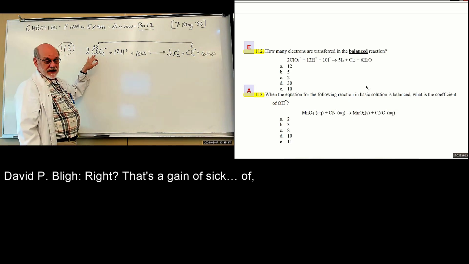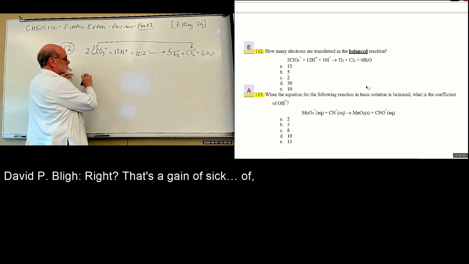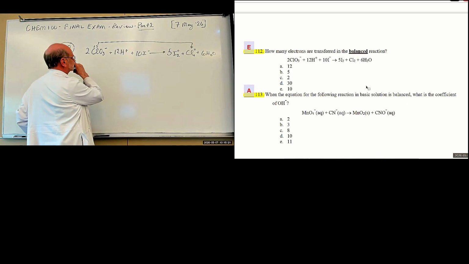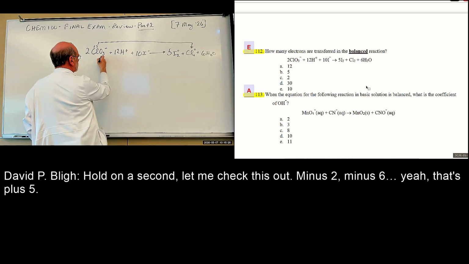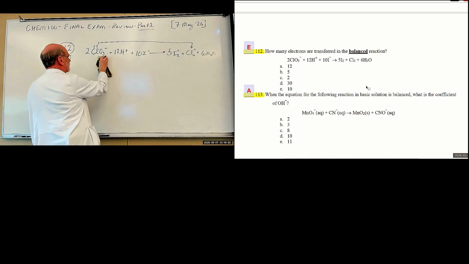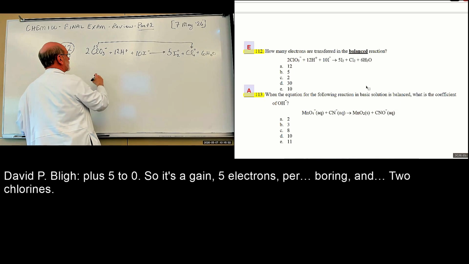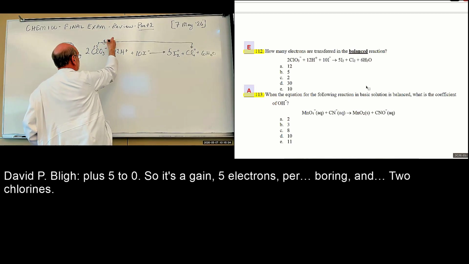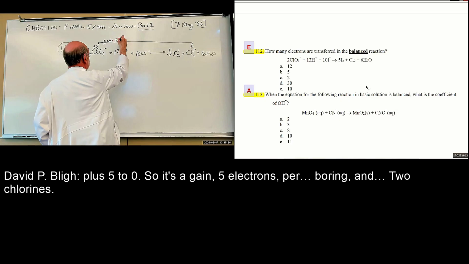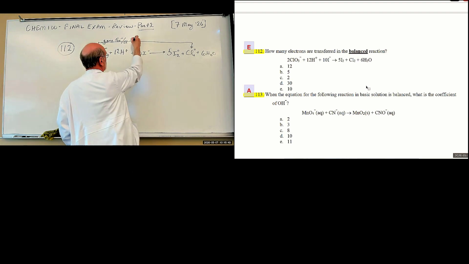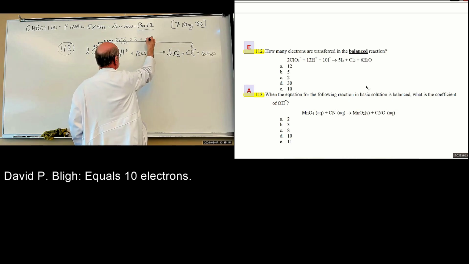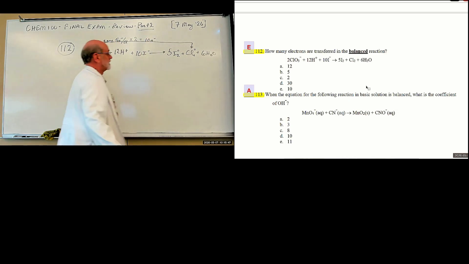That's a gain of, hold on a second, let me check this out. -2, -6, yeah, that's +5. Okay. +5 to 0. So it's a gain of 5 electrons per chlorine times 2 chlorines equals 10 electrons.